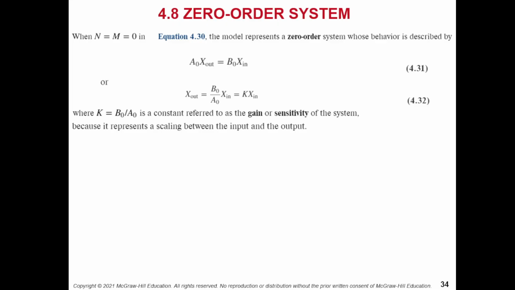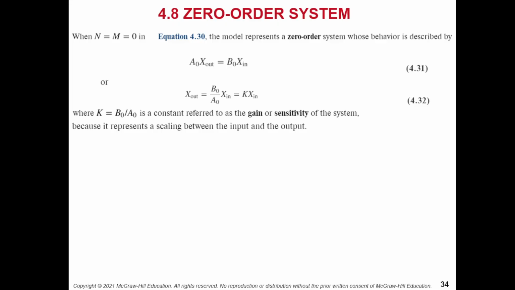So if this is a linear system, no matter what the input is, the output will change according to this alpha, right? Alpha is the same. So as long as you measure the relative response, x out divided by x in, they are all the same.